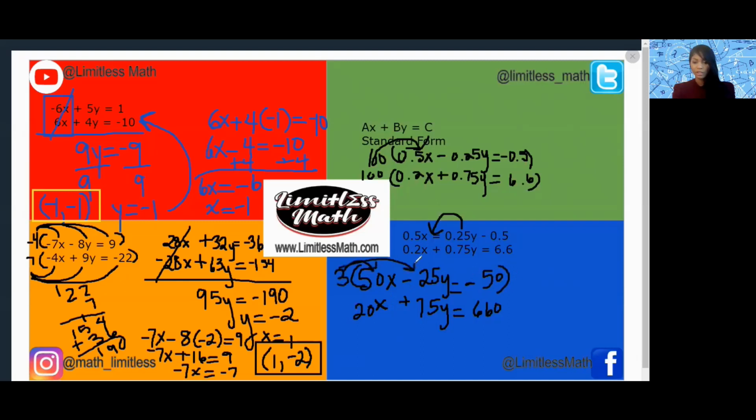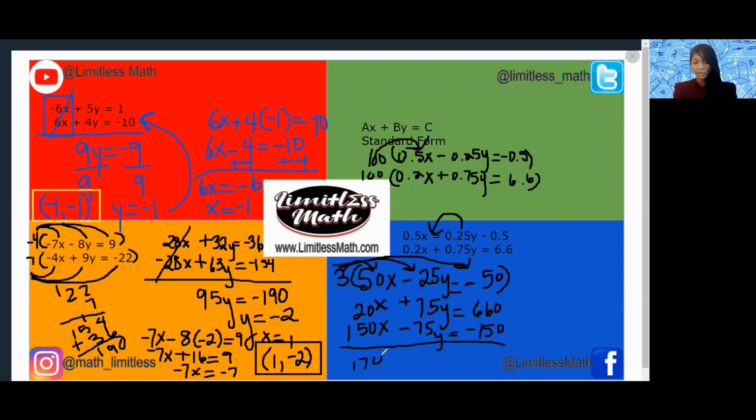And yes, our numbers are going to get bigger, but that's okay. Rewriting that equation down here, we have 150x minus 75y equals negative 150. Going through the checks: all in standard form, variables are lined up, coefficients that match, and they have different signs. So we are ready to add these equations together to combine them.